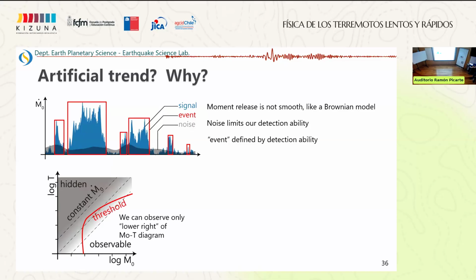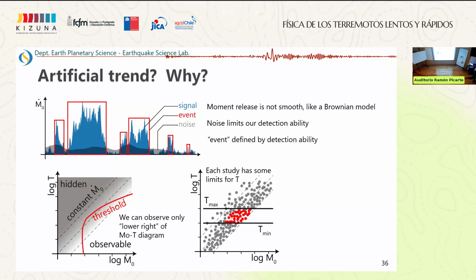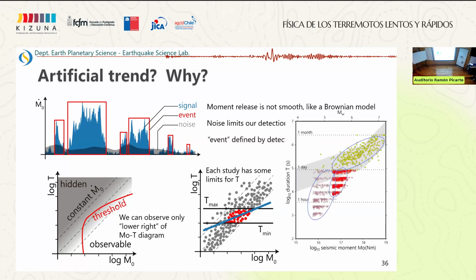And also, we have some thresholds in this moment and time diagram. What we can detect is just a part of some continuous distribution. We need to understand this. And also, if there is some limit in time measurement, we easily consider this part of events like this kind of trend. So that is the reason why we have such a distribution, but sometimes we interpret it as this different trend.